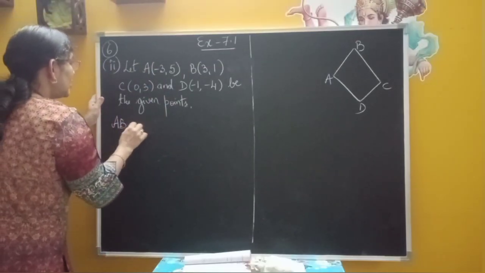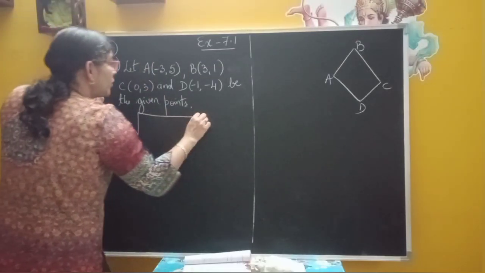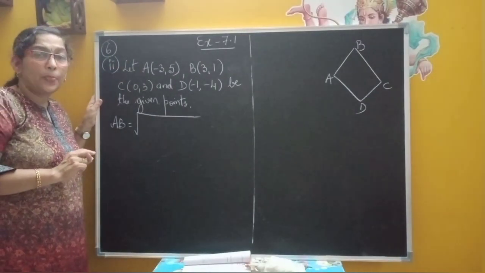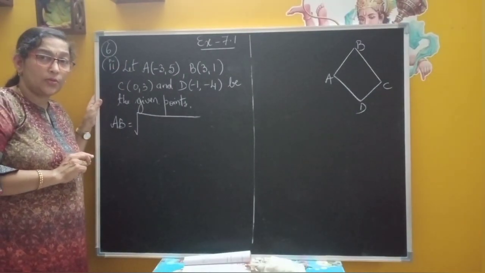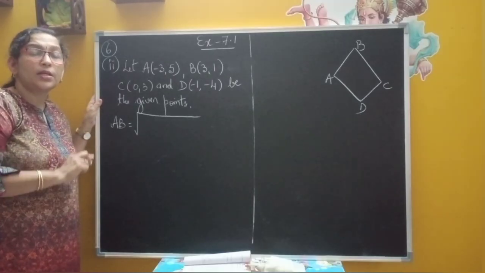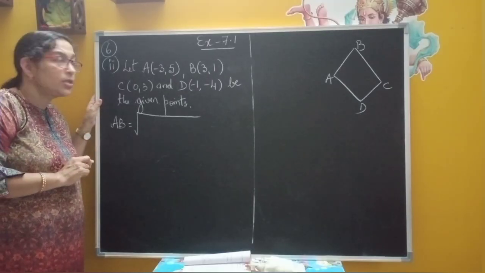So AB is equal to the square root of, what is the formula? The distance formula is d equals the square root of x2 minus x1 whole square plus y2 minus y1 whole square.